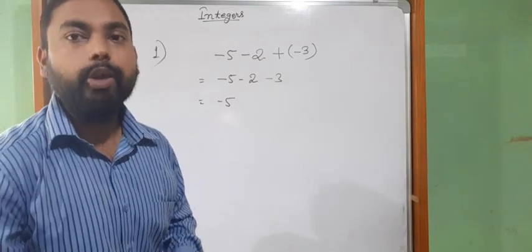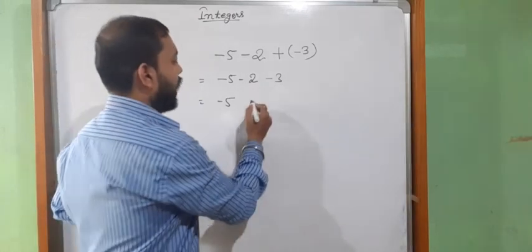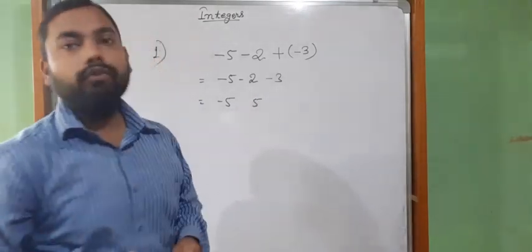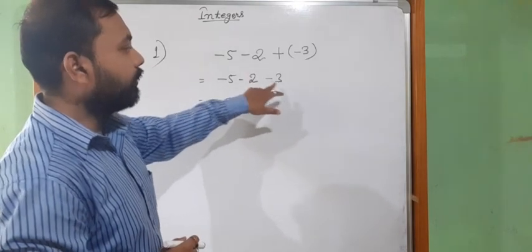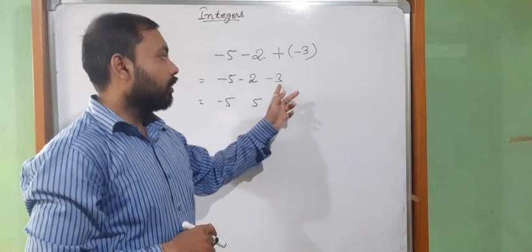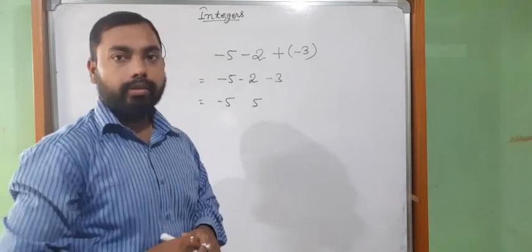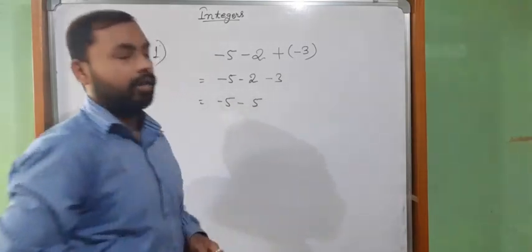That means you have to add these two numbers. So 2 plus 3, it is 5. Now you have to consider the sign. From 2 and 3, which is greater? 3 is greater, of course. And with 3, what sign is there? It is a minus sign. So we have to put a minus sign here.